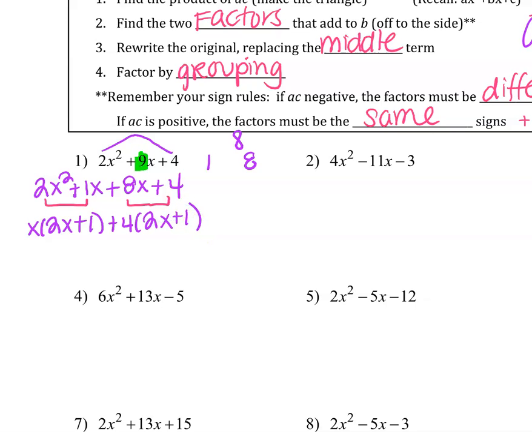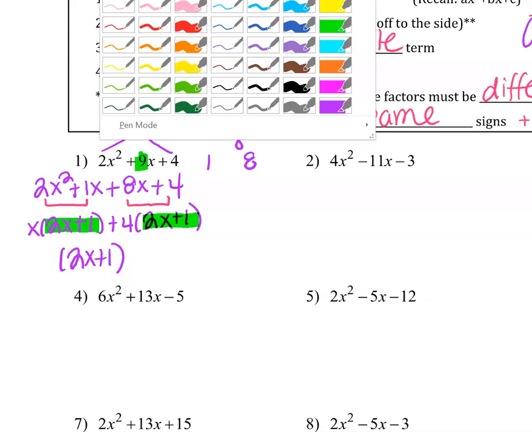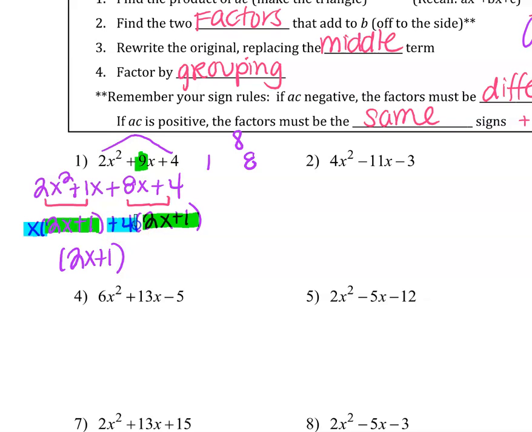Now, these are like terms. That's your common binomial, so we can write it once. And then we have this leftover, which will become your second binomial, times x plus 4. And that's your final factorization.